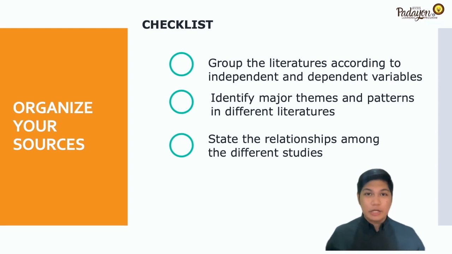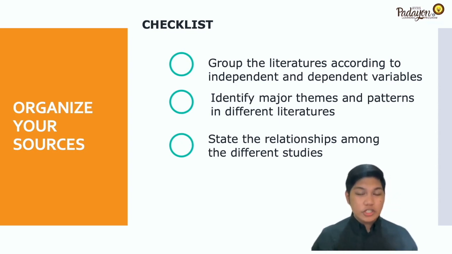One best example here would be like this. When you have identified sources about social media and business, one article talked about how social media influences the buying intention of people. Second one is how social media changed the business landscape. So you can actually group these two.